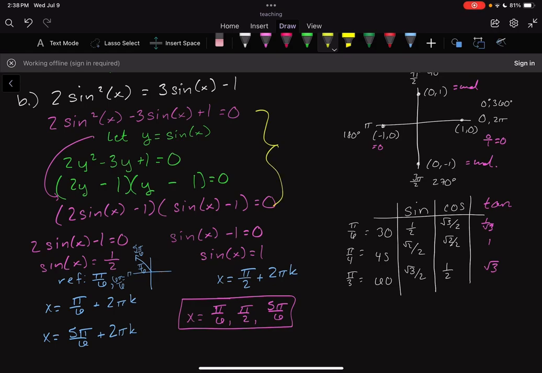You don't actually even get to the trig until this line right here, really when I started writing in blue. Up to that point was pretty much just algebra.